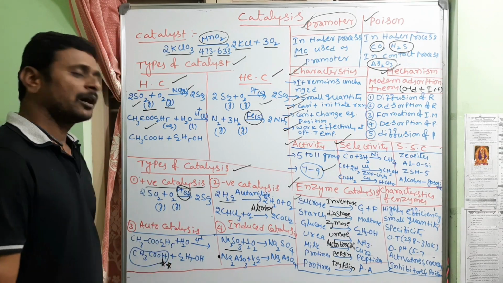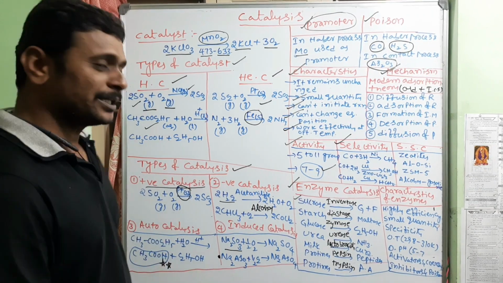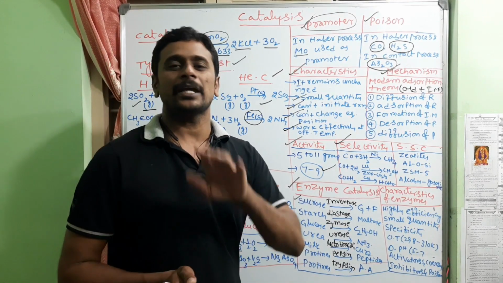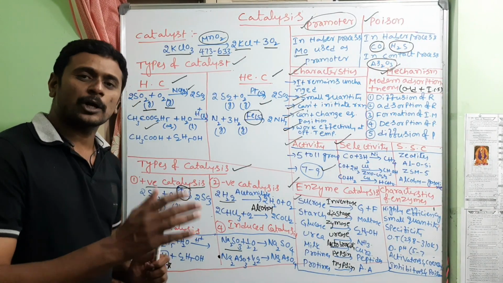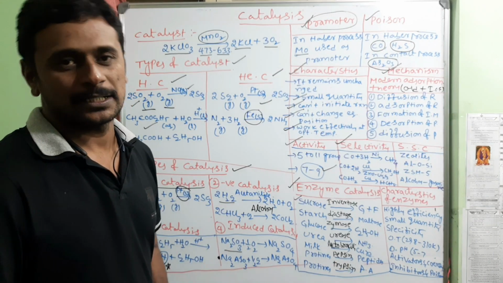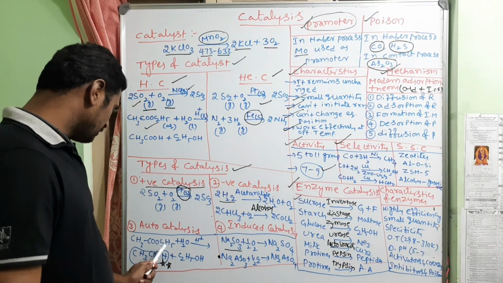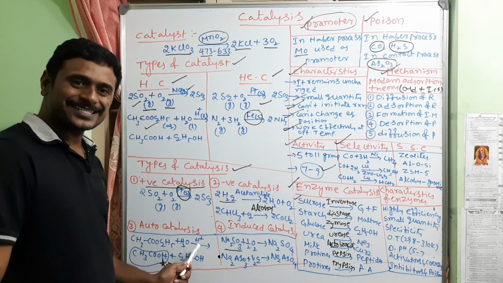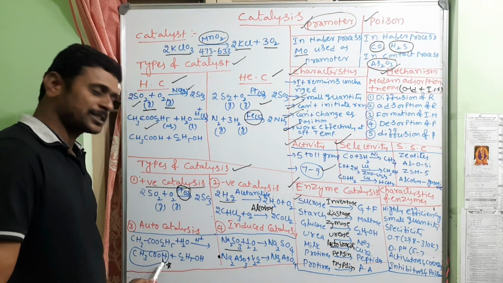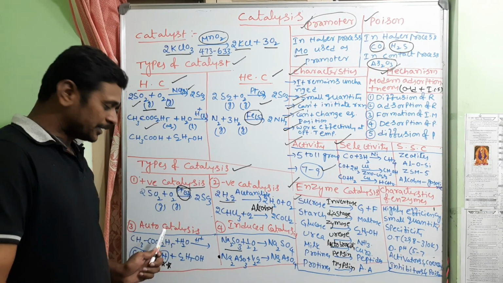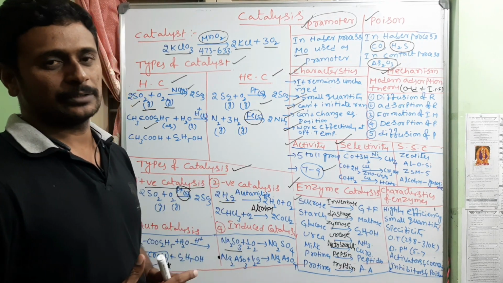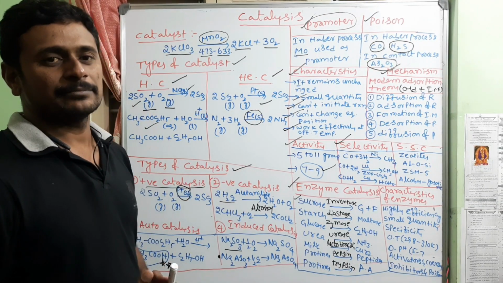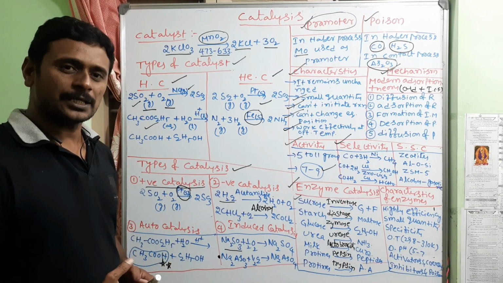The next one is autocatalysis, in which we don't need any external catalyst. One of the products itself behaves as the catalyst. Ethyl acetate undergoes acidic hydrolysis and produces acetic acid. This reaction initially goes very slowly, but after some time the speed of the chemical reaction increases.